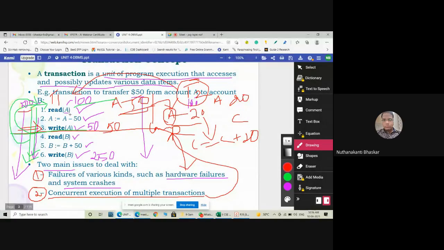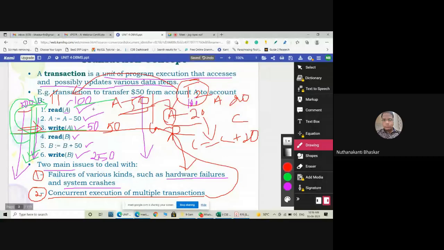But here it is depending, because A is transferring $50 to B, and again A wants to transfer $20 to C. That's why T2 is also depending on it.